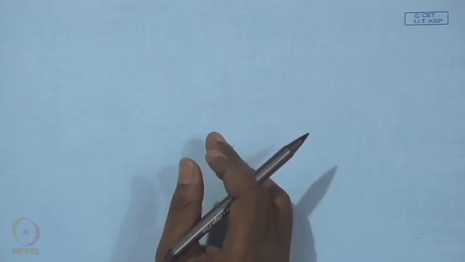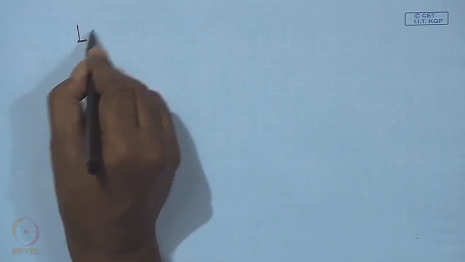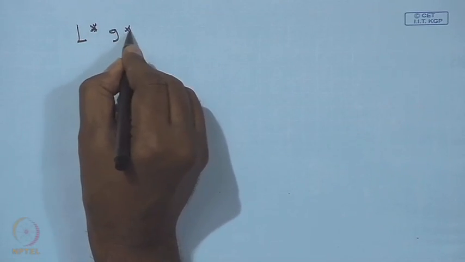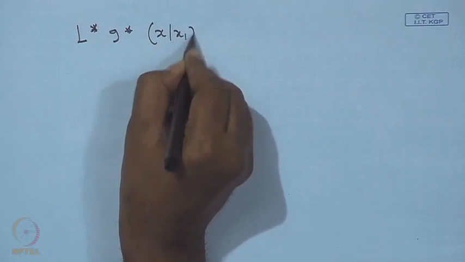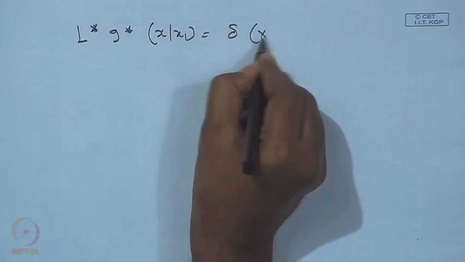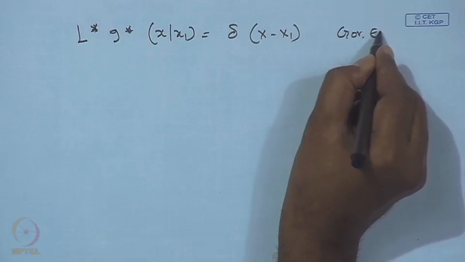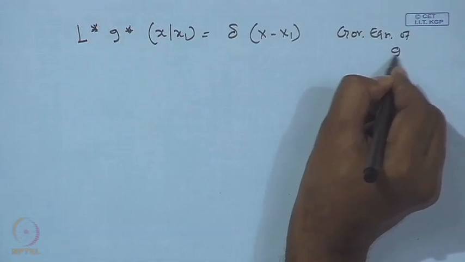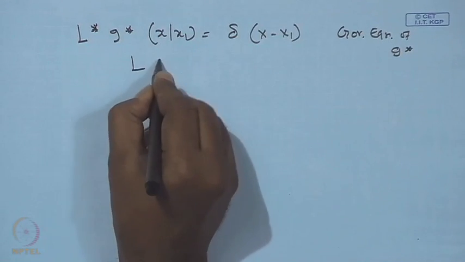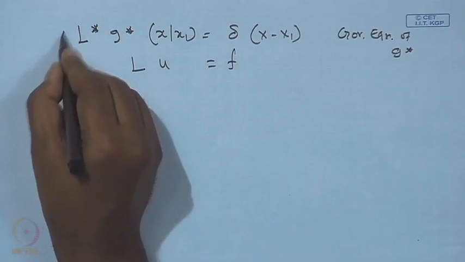How will you do that? We will just have one demonstration. So, L star G star(x | x1) is equal to delta(x minus x1). This is the governing equation of G star, and we connect it with L u is equal to f, the original problem.